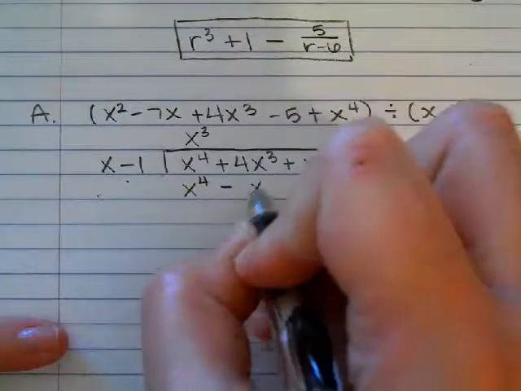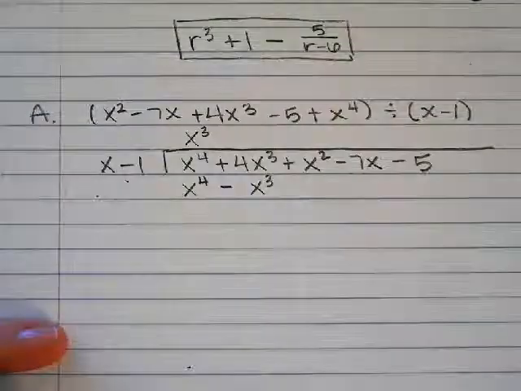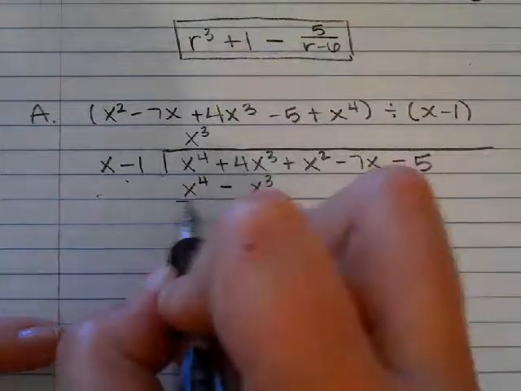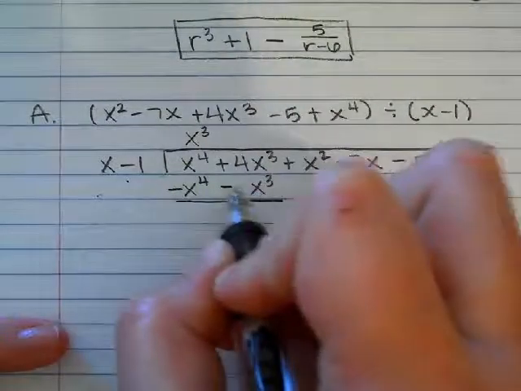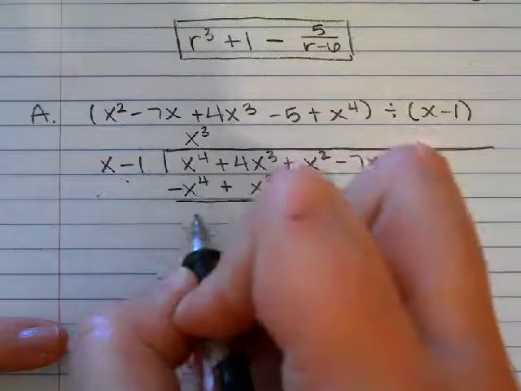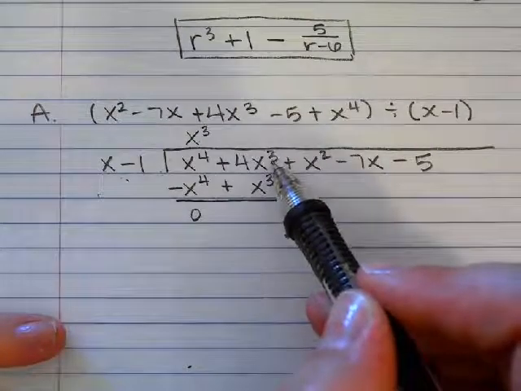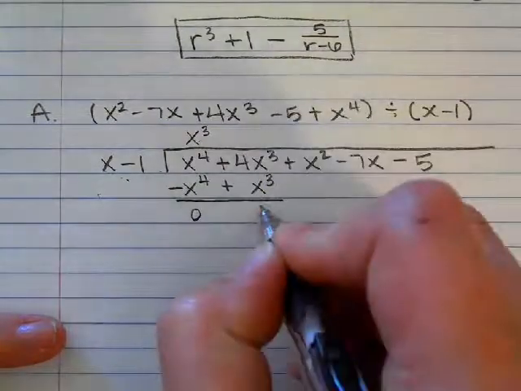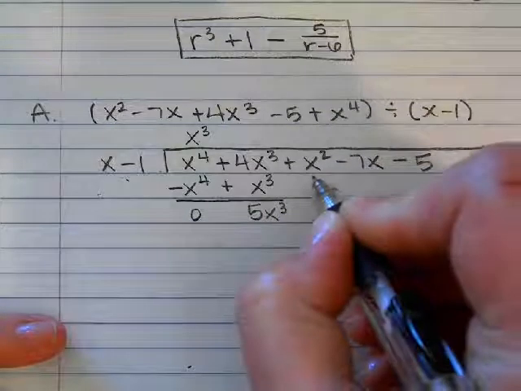Okay, and then what do I do? Yep, so I draw my line underneath, and then because I'm subtracting, I change the sign. So the first two terms give me 0, they should always give me 0. And then 4x to the third plus x to the third is 5x to the third. And I drop down the next term.